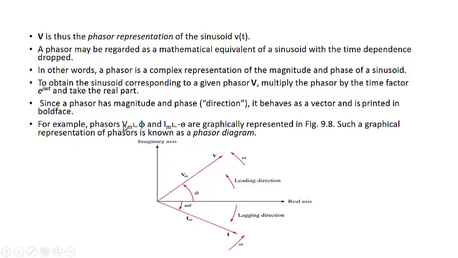For example, if we have a phasor Vm angle of phi and Im angle of minus theta, you can see how they are graphically plotted. Let us say this is the real axis, this is the imaginary axis of a complex number.